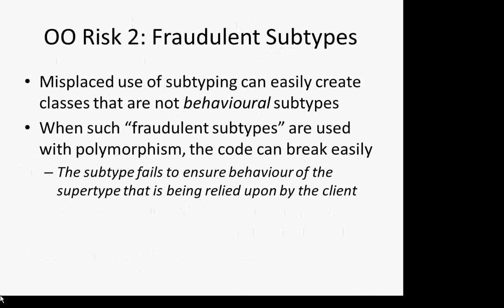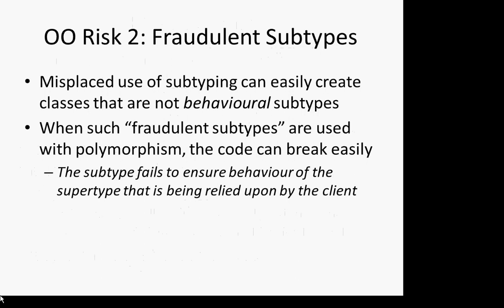The problem here, as Alex articulated earlier, is that of fraudulent subtypes. So misplaced use of subtyping can easily create classes that are not behavioral subtypes. In other words, that violate the Liskov substitution principle, which he quite rightly captured as the essential criterion.